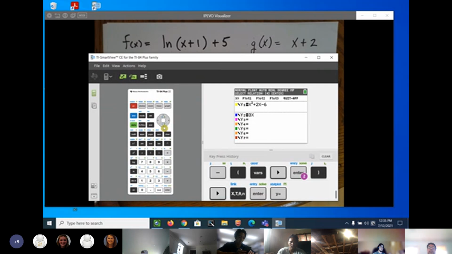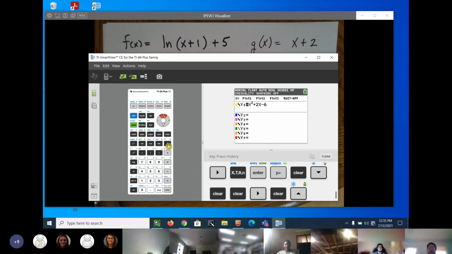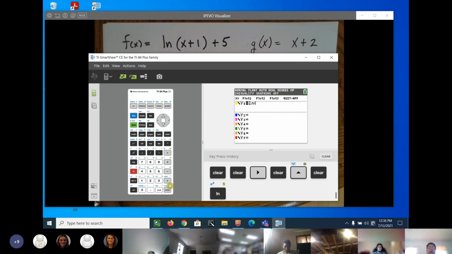So y is equal to clear, clear. Okay, it's not clearing. Oh, Lord have mercy. All right, here we go. First one is natural log x plus 1, close parentheses, plus 5. We know we've got a horizontal shift of 1 to the left and a vertical shift of 5 up.